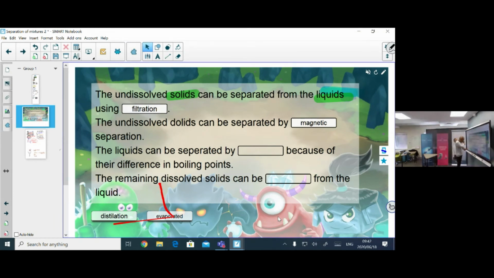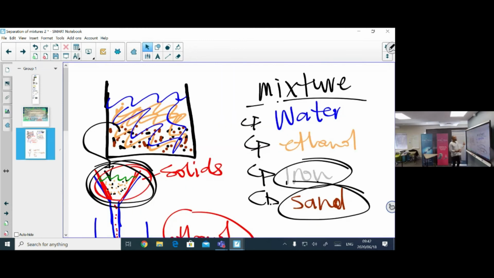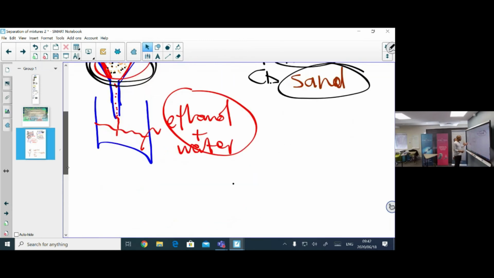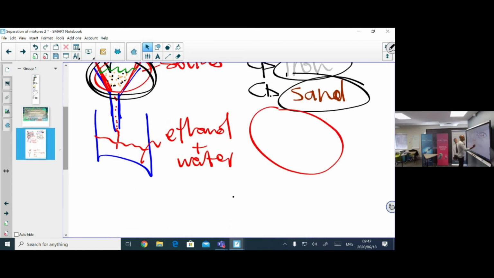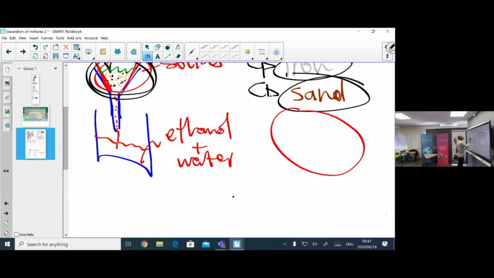We used evaporation, right? We used evaporation, and that was all great and well. So we're going to use evaporation, meaning we are going to take this mixture, that is ethanol and water.